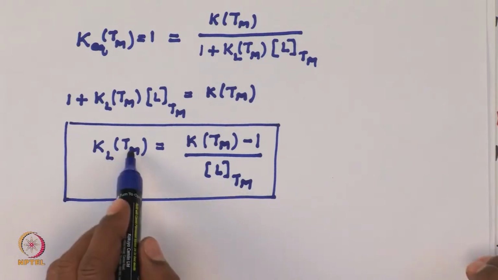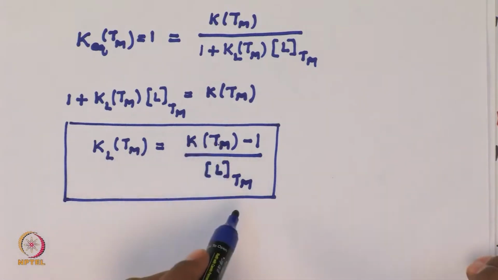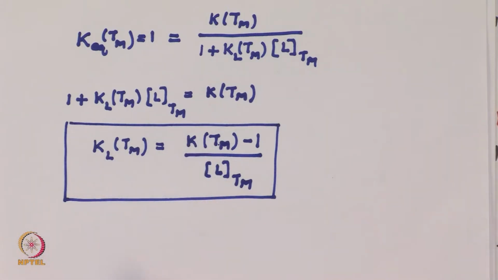Now, Kl at Tm or K at Tm, these can be connected to enthalpies of reaction and the values of the equilibrium constants at any temperature by the equations that we derived earlier. Let me show you back the equations which are required for discussion. I will have to go back by these slides.